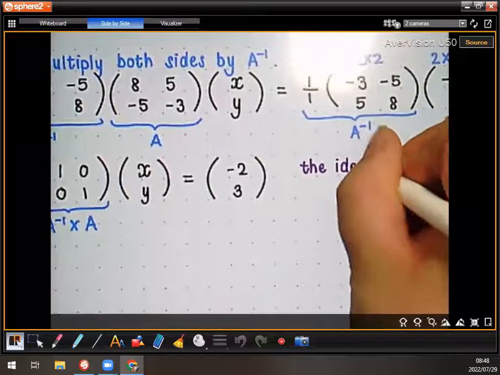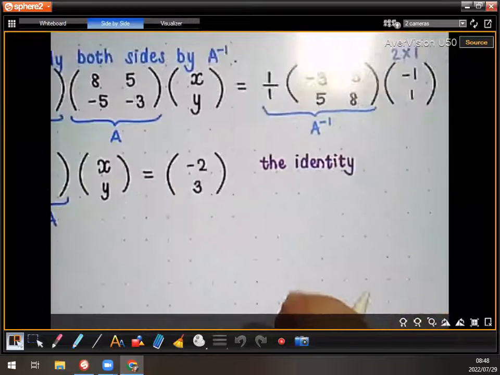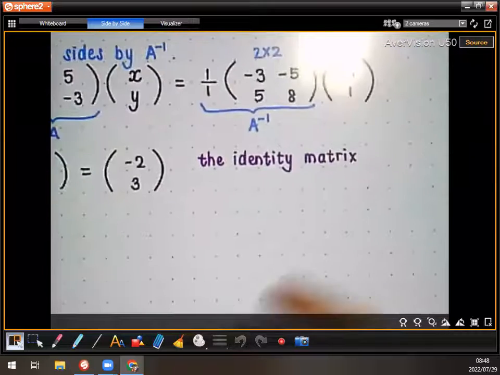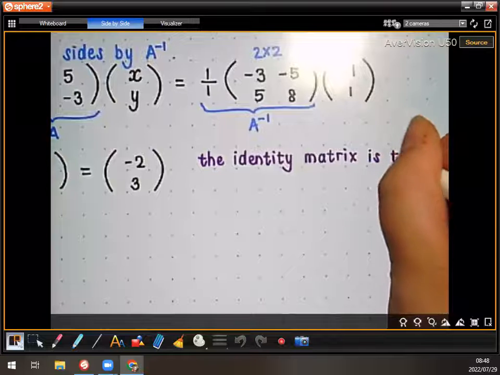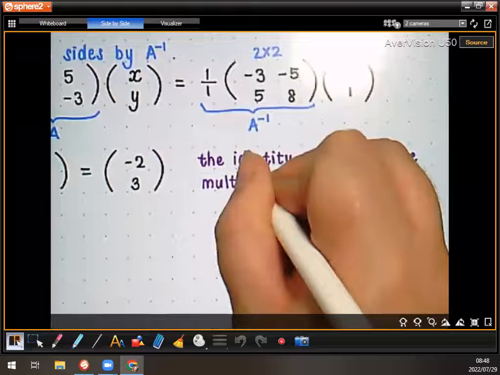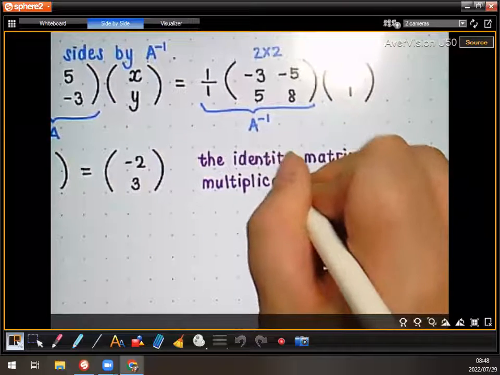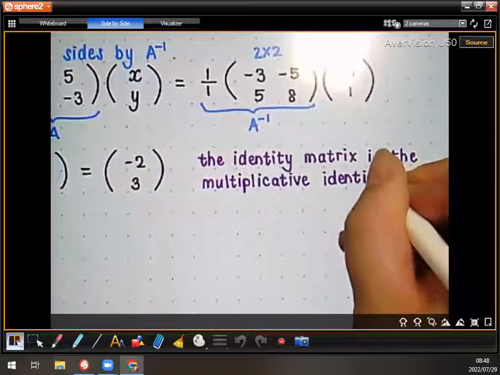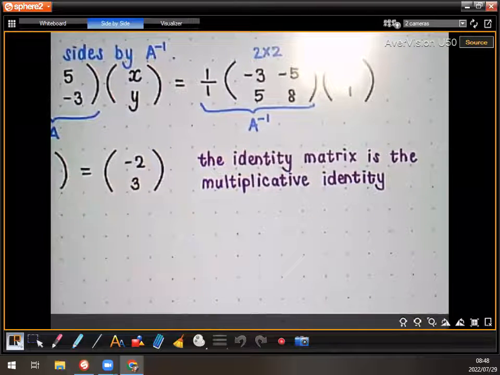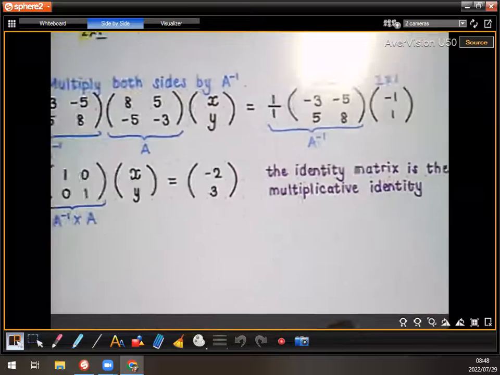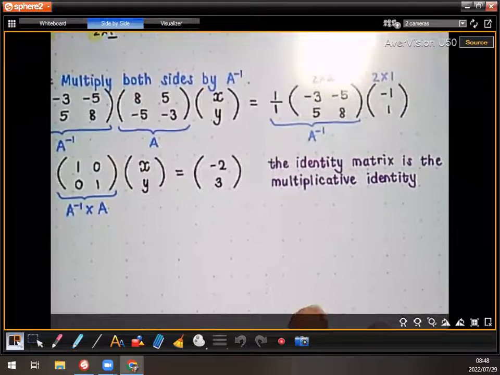The identity matrix is the multiplicative identity. And what that means is, we can also just do it quickly to double check.